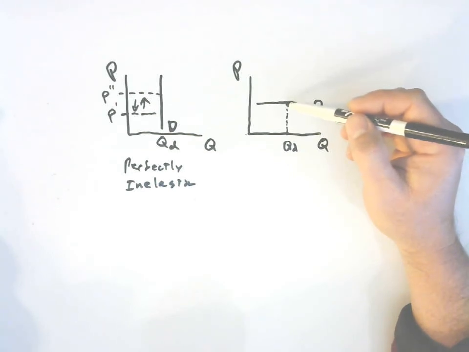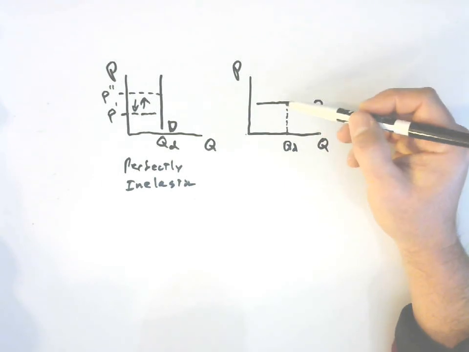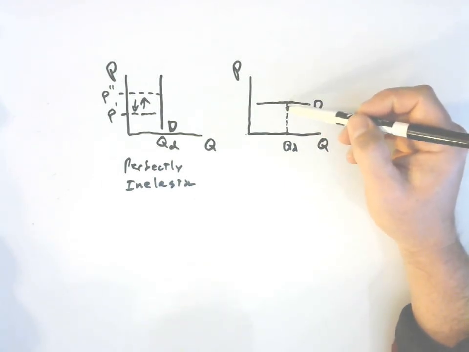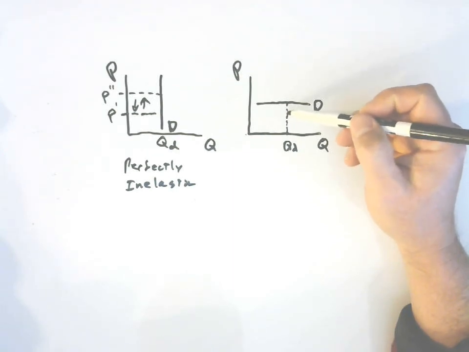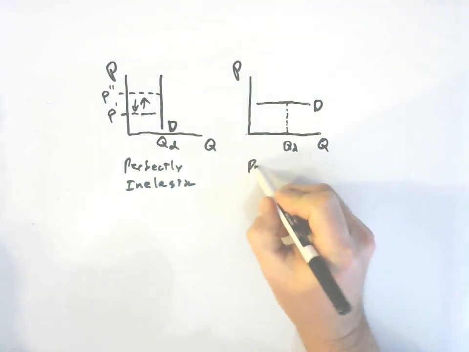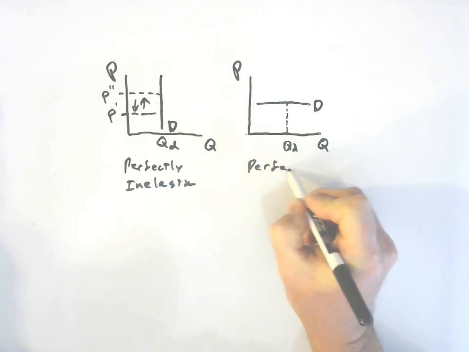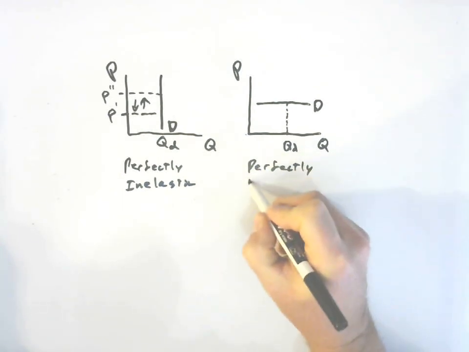What happens to quantity demanded? Well, it goes to zero. In other words, I could raise the price of this product by a fraction of a cent, literally a fraction of a cent, and people will purchase none of the product. We call this perfectly elastic demand.